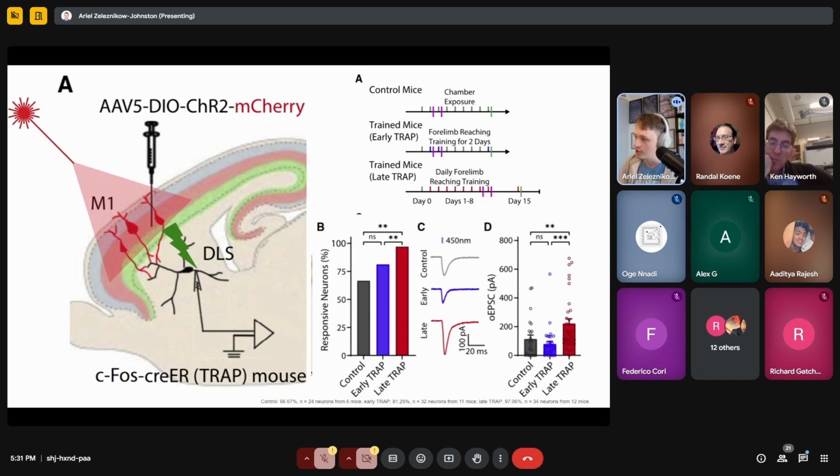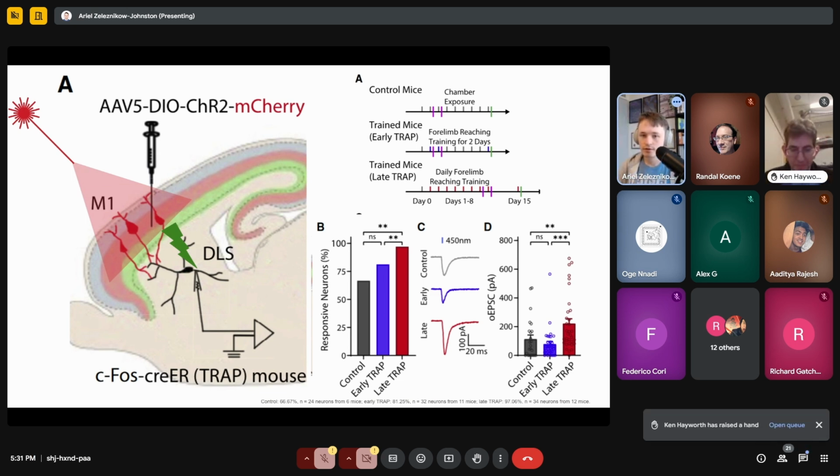And on the right, you can also see another visualization of the strength of the current flows, the EPSCs evoked by M1 stimulation. And so the key thing they want to point out is that in the late trapped animals, you see even stronger EPSCs elicited than in the control and the early trapped mice. So when they've established this really well-defined engram for the motor reaching task, that induces this change in plasticity from M1 neurons onto DLS neurons, as recorded here, almost a doubling in the currents that they're able to observe.